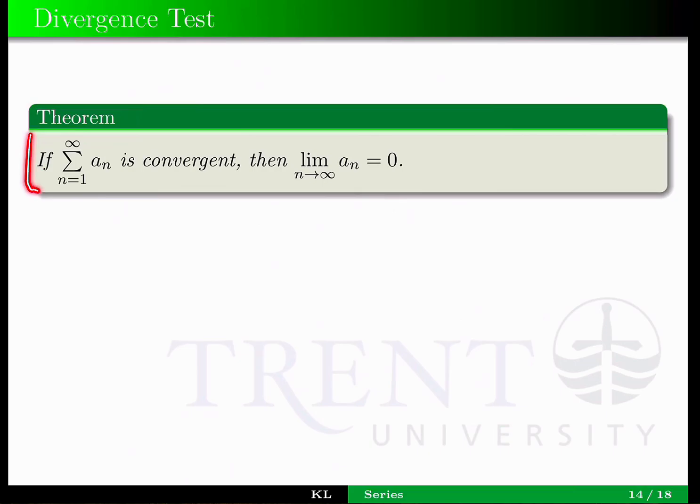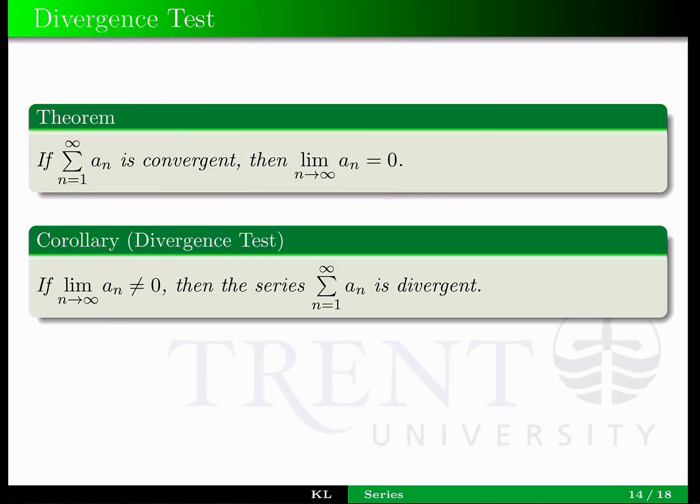So if you got a series that is convergent, then the limit of the terms must go to 0. The tails must go to 0. So what is the divergence test? If you got a series, and you found out that the tails do not go to 0, then your series must be divergent.